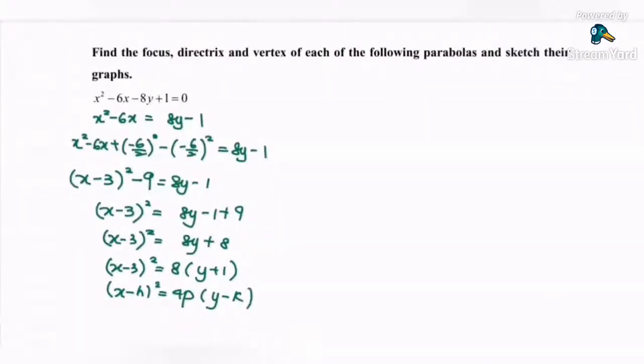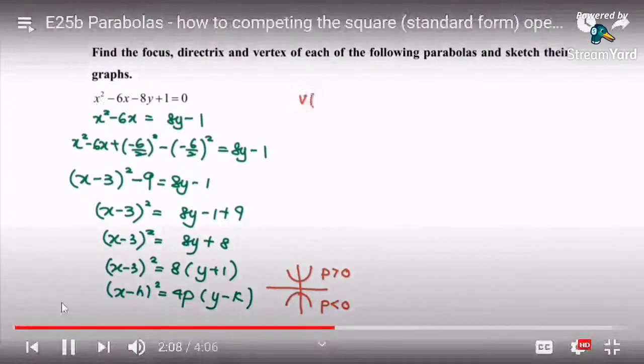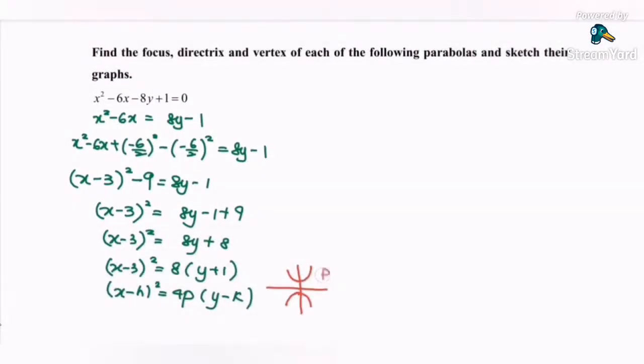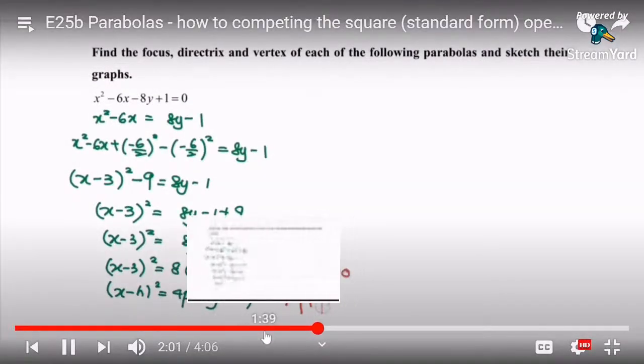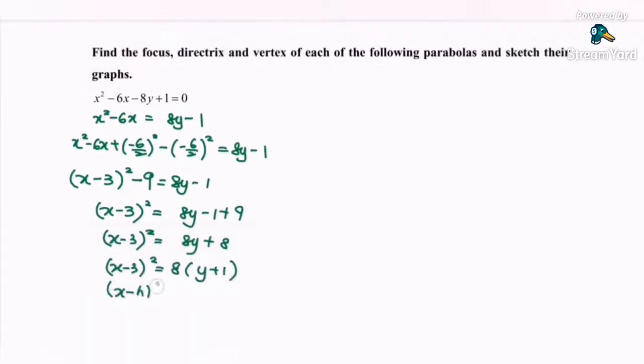The situation will be open up and open down because of x squared, where we have p greater than 0, p less than 0. The following step is to make sure what we have, the vertex. Kindly compare the situation.